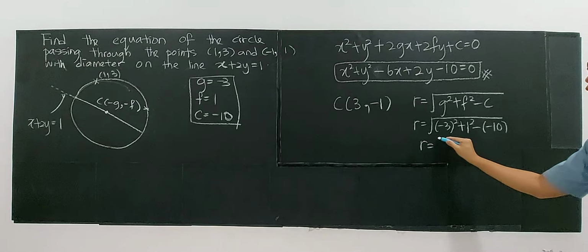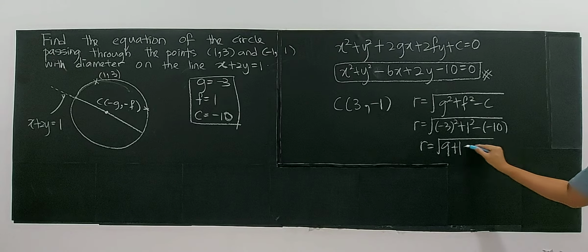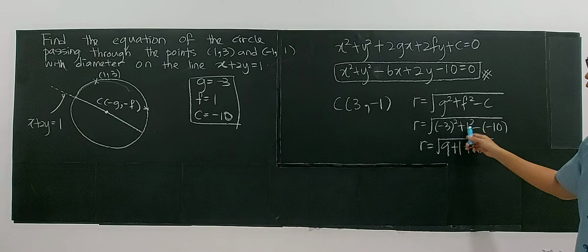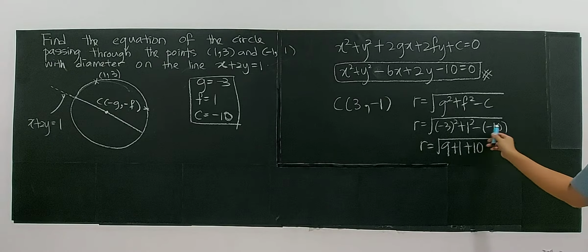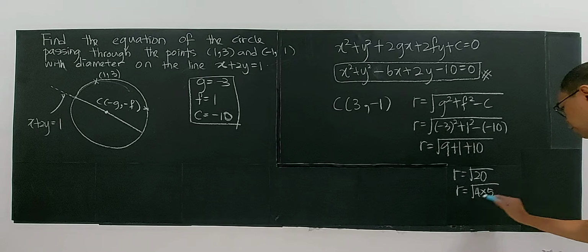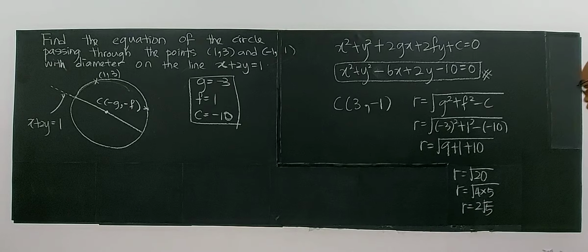So r equals the square root of 9 plus 1 plus 10. 9 plus 1 is 10, plus 10, so we have 20. The square root of 20, or I can write this as the square root of 4 times 5, which is 2 square root of 5, the radius.